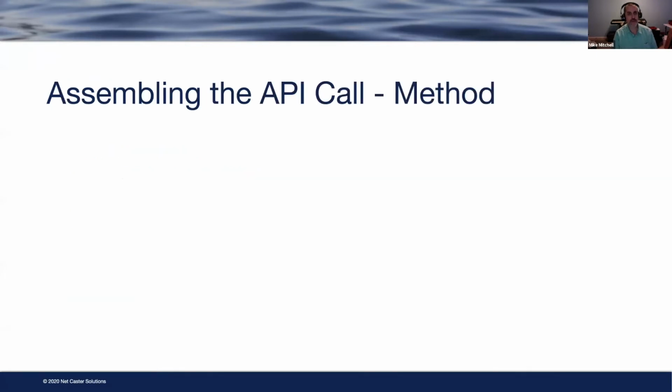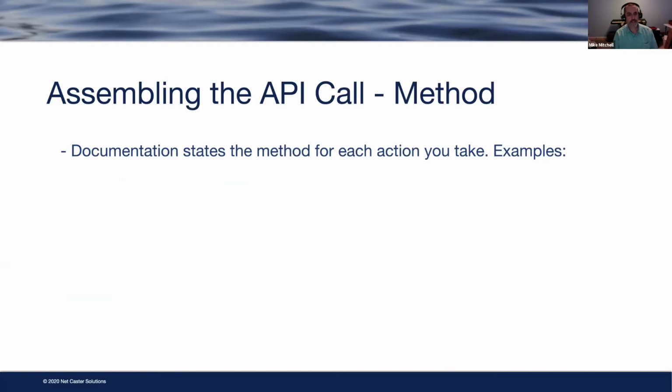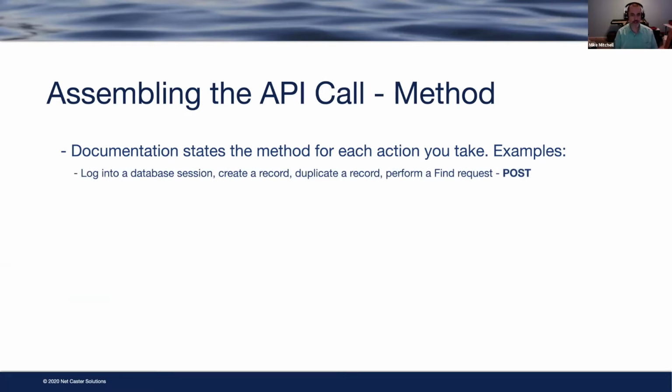Okay, so the method. The documentation will tell you what method each action you take will require. So for example, if I'm going to log into a database session or create a record, duplicate a record, or perform a find request, I use the post method. The post method is what you will typically see in a web page when it's submitting a form or form data.